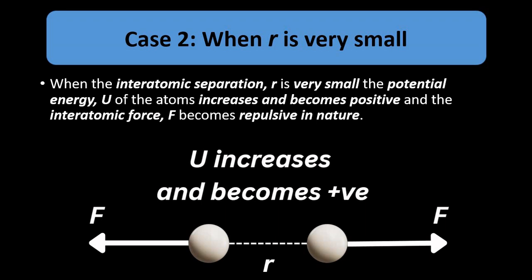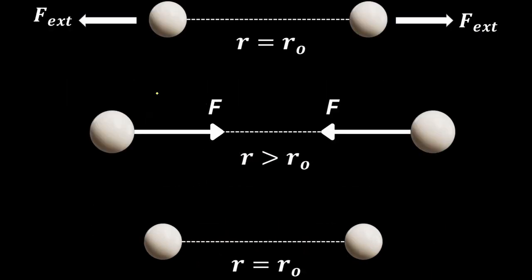the interatomic force always acts opposite to the external deforming force. It can either be attractive or repulsive in nature. The objective of the interatomic force is to restore the atoms back to their original equilibrium position.